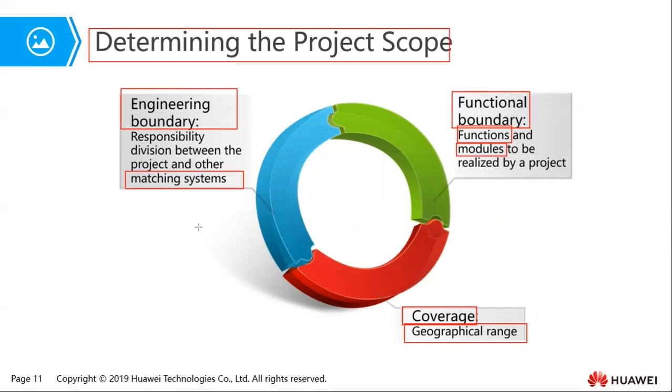For example, the equipment room where you're going to install this equipment, the power supply, air conditioning, cabling. So some of those other matching systems must also be established in order to determine the project scope.